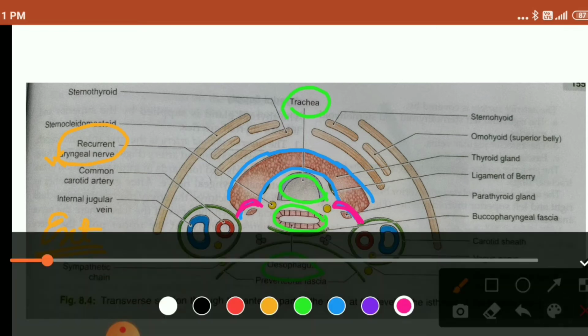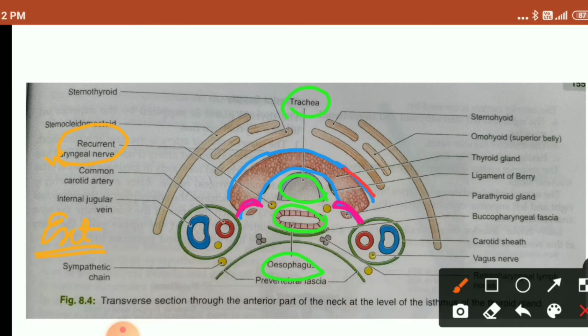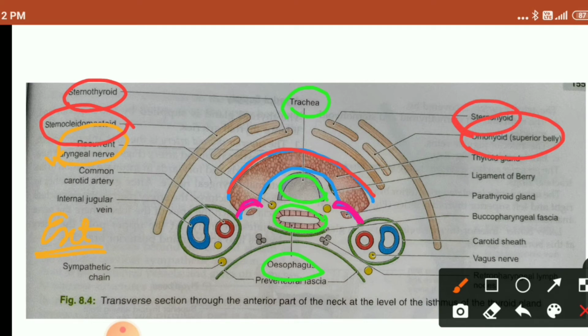Now we come to the structures related to the lateral surface of the thyroid gland. Here you see that the structures related to the lateral surface are mainly muscles. What are the muscles? The superior belly of omohyoid muscle, the sternothyroid muscle, the sternocleidomastoid muscle, and along with it the sternohyoid muscle.